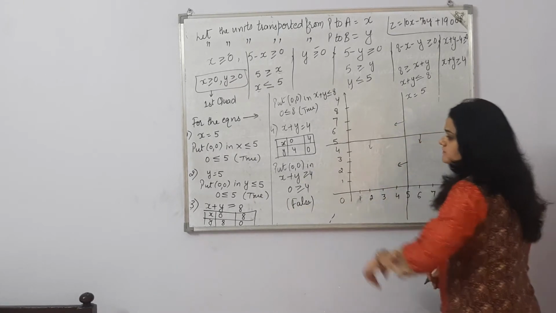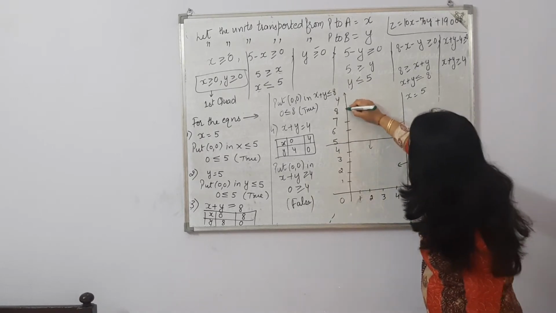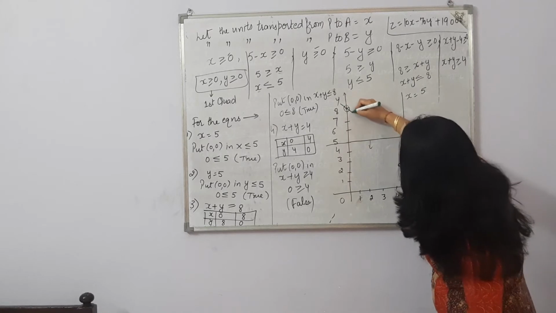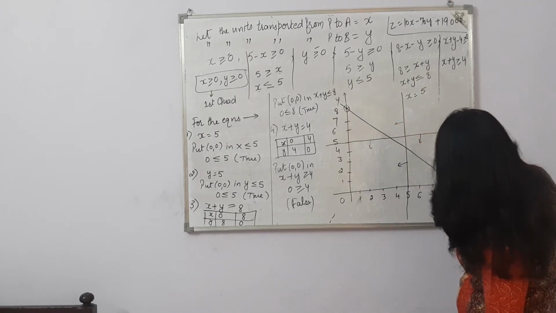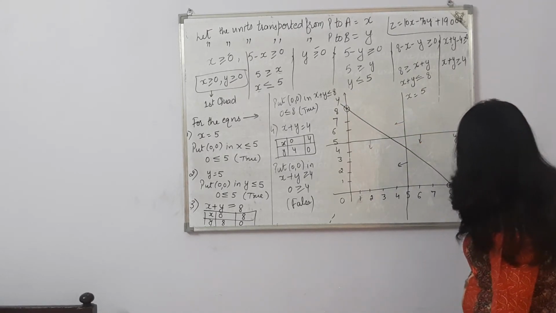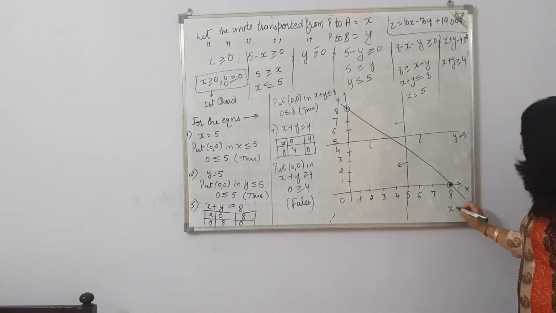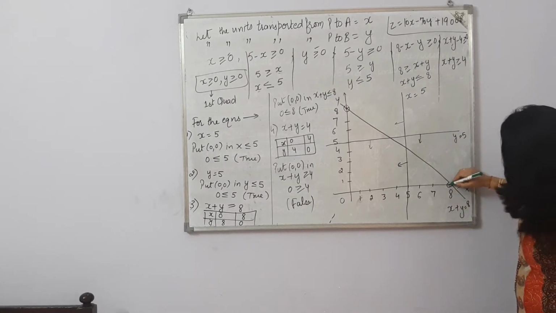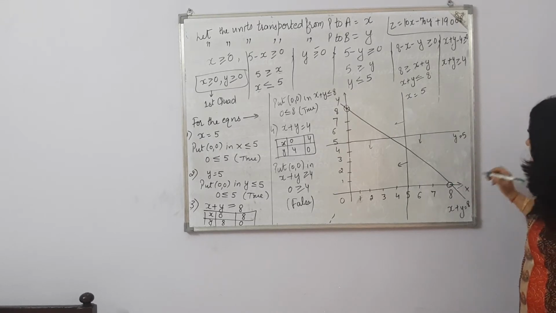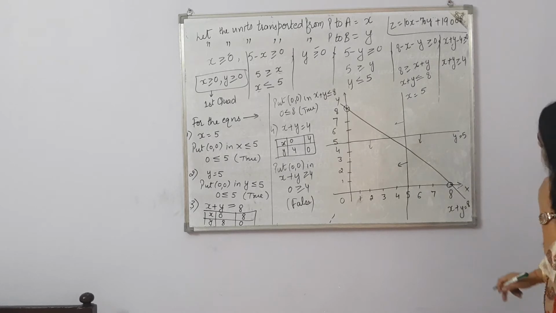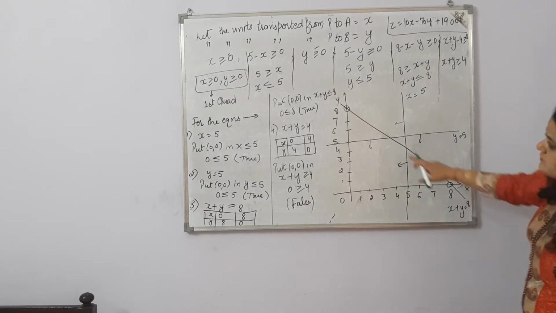Now the other points are 0, 8 and 8, 0. Here it is 0, 8, here it is 8, 0. Now this line is x plus y equals 8. Now the shading, the condition is true.